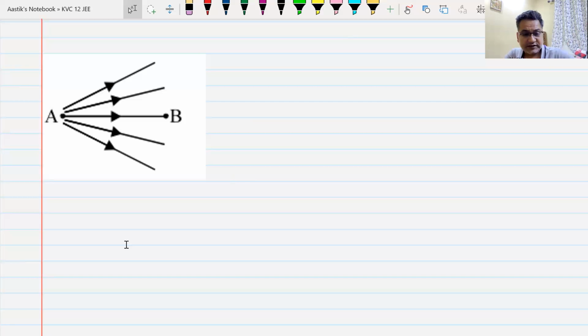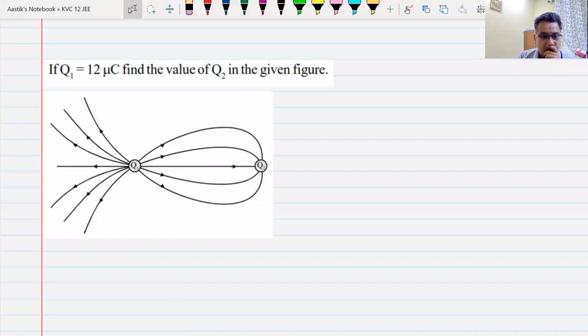Now remember, the questions that we have here are very limited, so we have to make the best use of whatever we have. And I feel that this year maybe you might get a question based on this. So the question goes like this: if Q1 is 12 microcoulomb, what is the value of Q2?